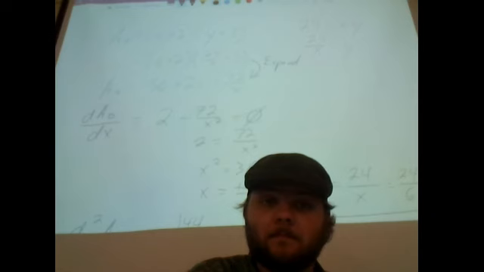Take the derivative. I will get 2 minus 72 over x squared. Set that equal to 0. x is equal to plus and minus 6. But am I actually interested in the minus 6? Doesn't make sense. So remember, y is equal to 24 over x.